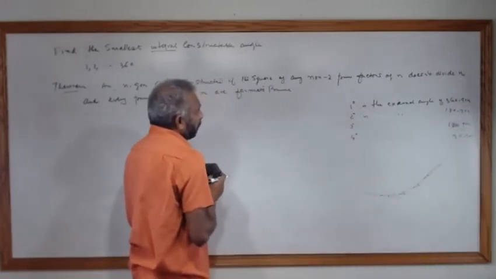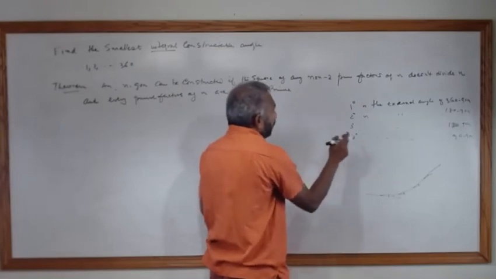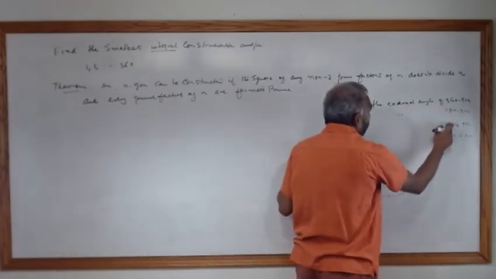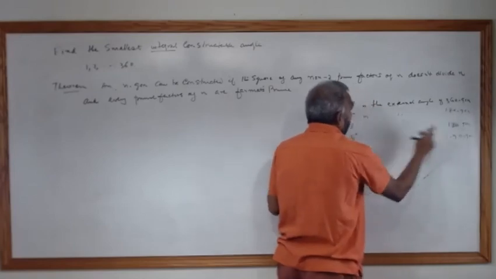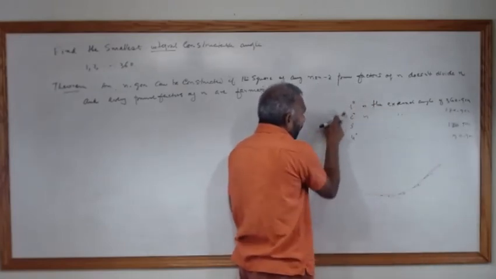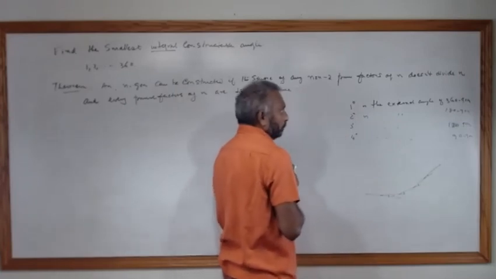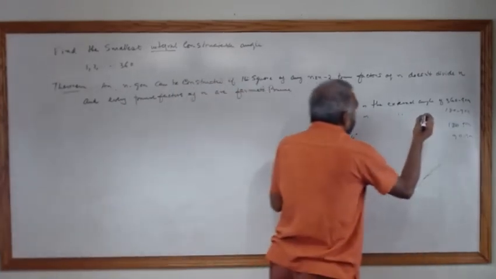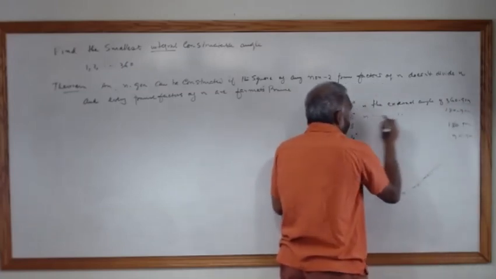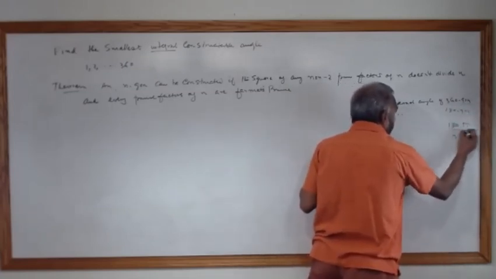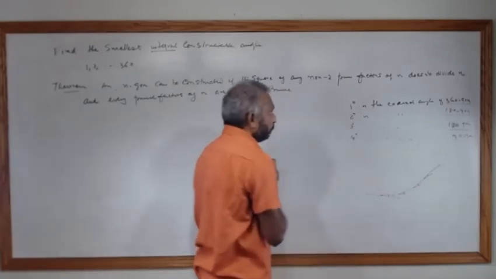So we are trying to find out, see, if you can prove that one of these can be constructed, then these angles can be constructed. So let us first attempt to find out whether this can be constructed. If it's not possible, go here, because we want to find the smallest one.